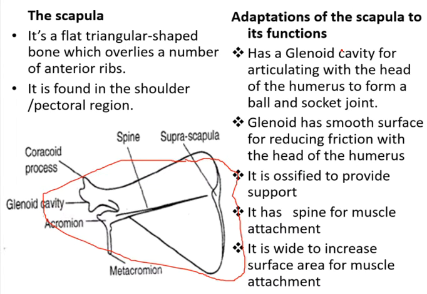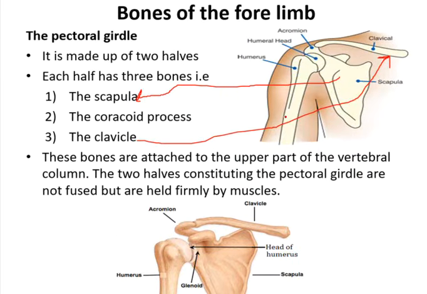Let's look at the adaptation of the scapula to its functions. Number 1, it has a glenoid cavity for articulating with the head of the humerus to form a ball and socket joint, and the ball and socket joint allows movement in all directions, or 360 degrees. We have our glenoid cavity here, and the glenoid cavity is just a cavity or a depression onto which the head of the humerus articulates or fits in to form a ball and socket joint.